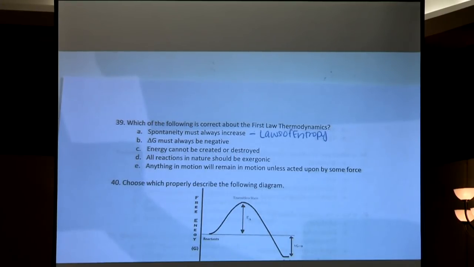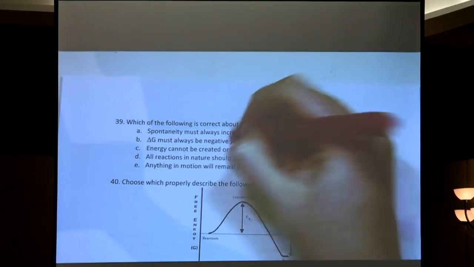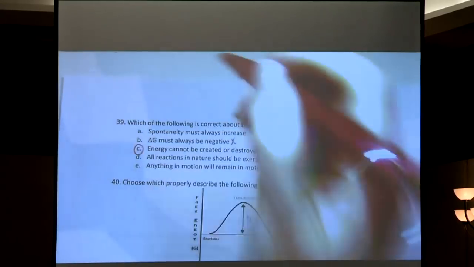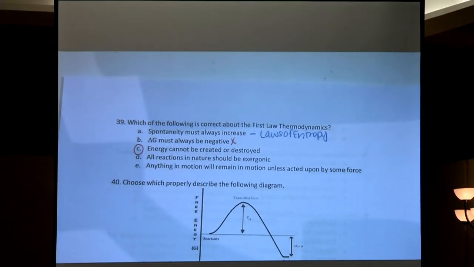Does it mean delta G must always be negative? Good. Delta G doesn't necessarily always follow thermodynamics either. Energy cannot be created or destroyed. Good. So that is the first law of thermodynamics.